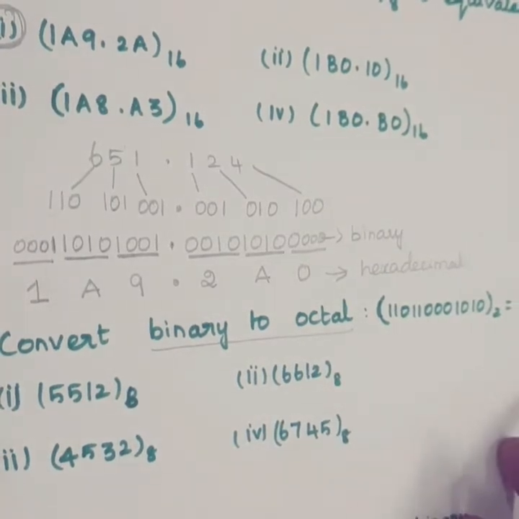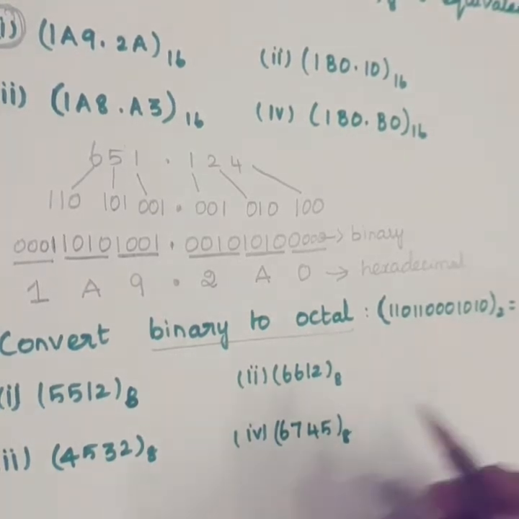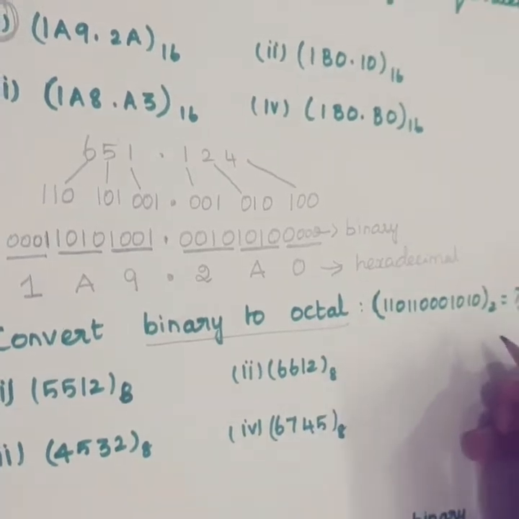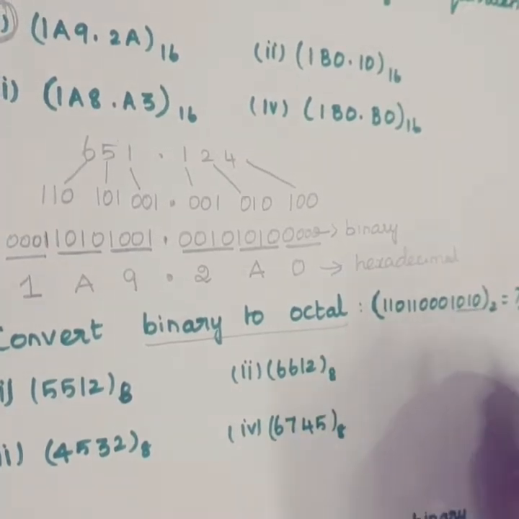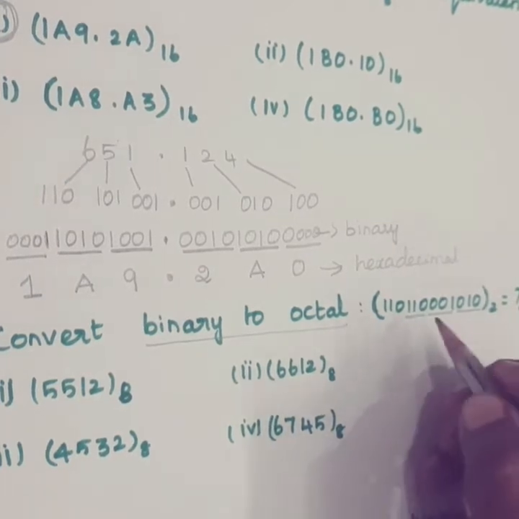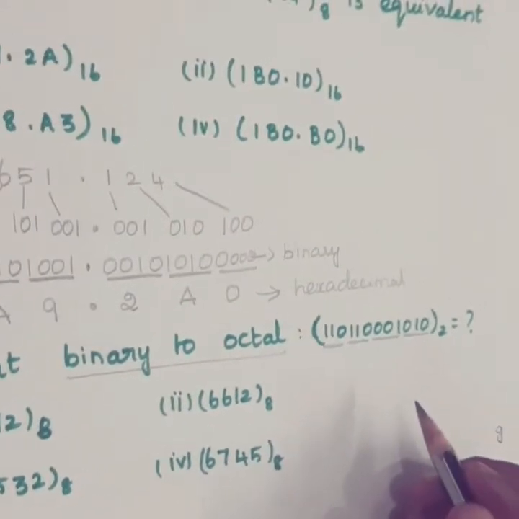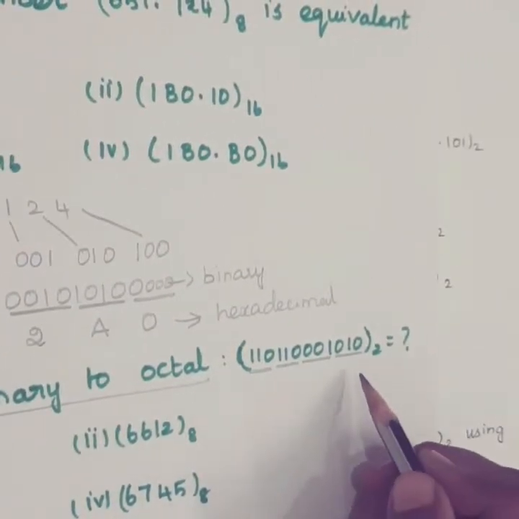To convert this, first you have to form groups of 3 bits, right? You should start from the least significant bit. So form a group with 3 bits. This is the first group, second, third, fourth, and write the corresponding octal digit for each group.